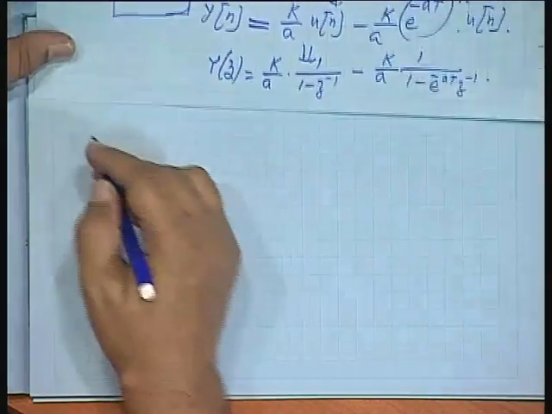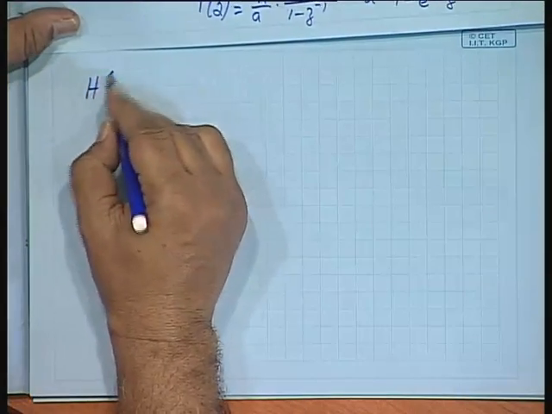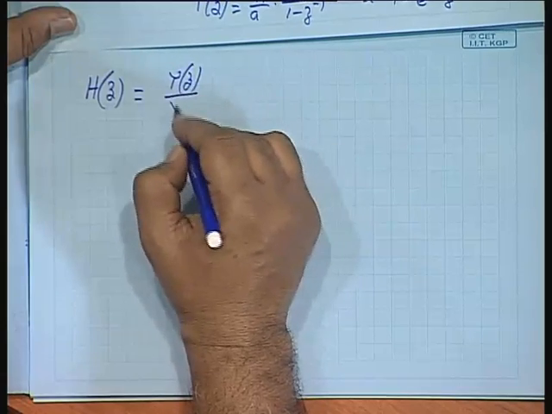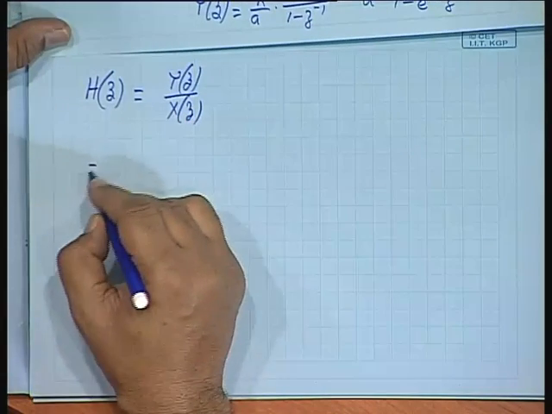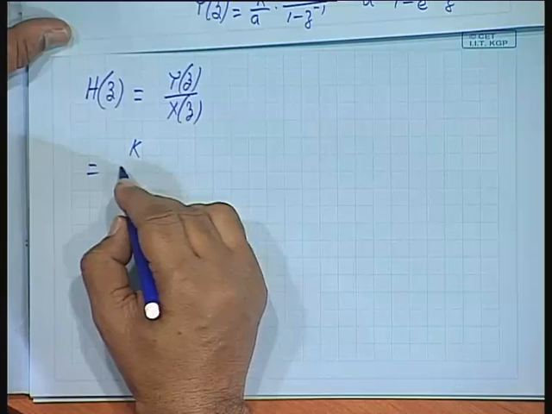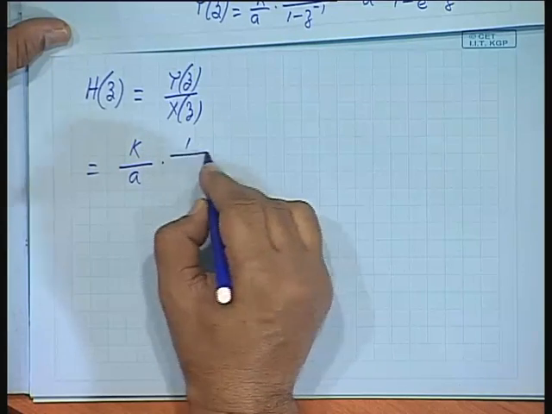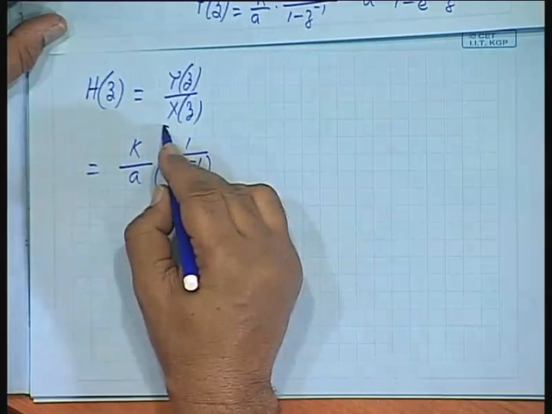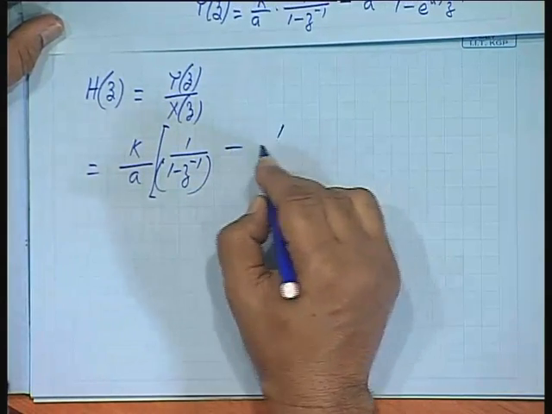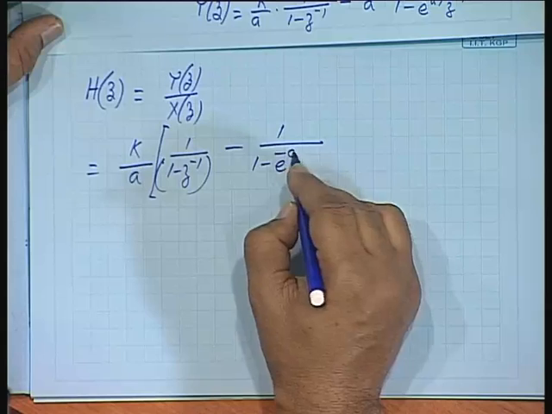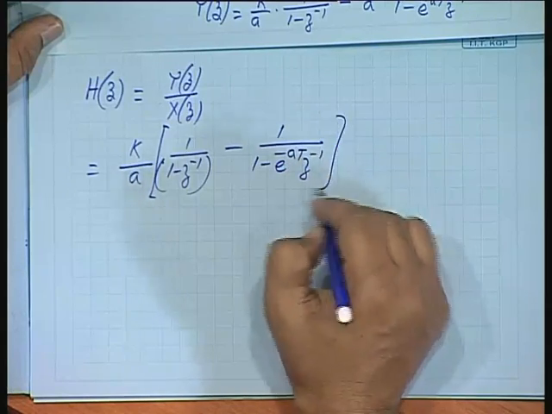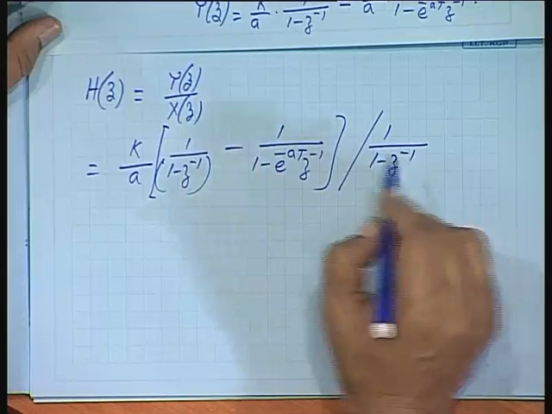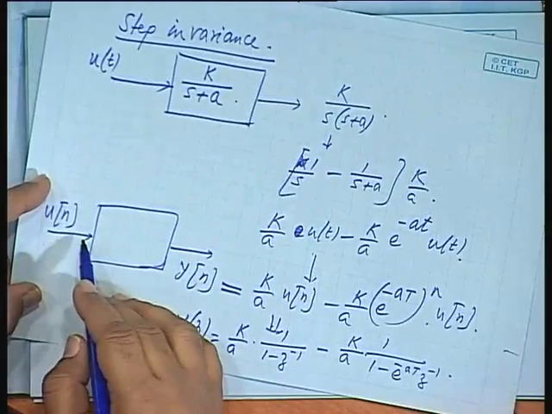Therefore, the corresponding H(z) is Y(z) by X(z), which is k by a times 1 by 1 minus Z inverse, minus 1 by 1 minus e to the power minus aT Z inverse, divided by 1 by 1 minus Z inverse, that is the X, is it not.